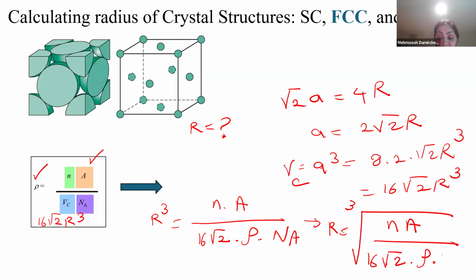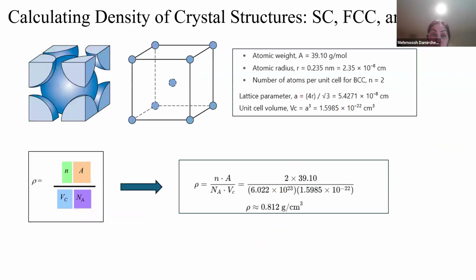You only need to substitute the density and atomic weight, which for this case is Cu or chrome here, and you find the radius. Okay, and finally, calculating the density of crystal structure BCC or body centered cube.